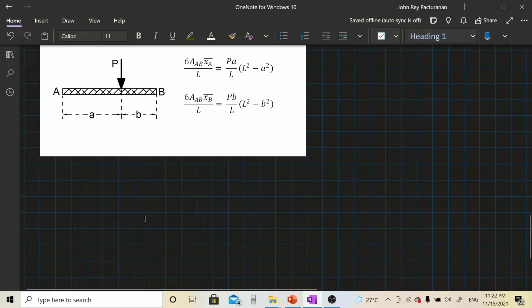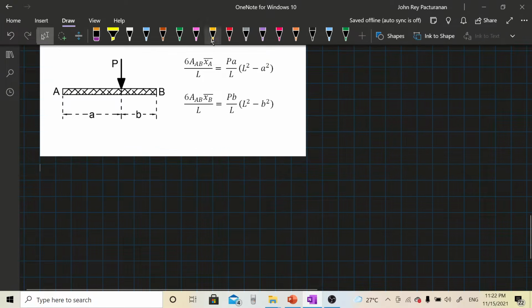So, actually, the three-moment equation class, this is simply a formula. Kaya lang, ang original na process kasi talaga dito is, mag-i-sketch ka ng moment diagram by parts, and pagka-sketch mo ng moment diagram by parts, gagamitin mo itong eksaktong formula na to.